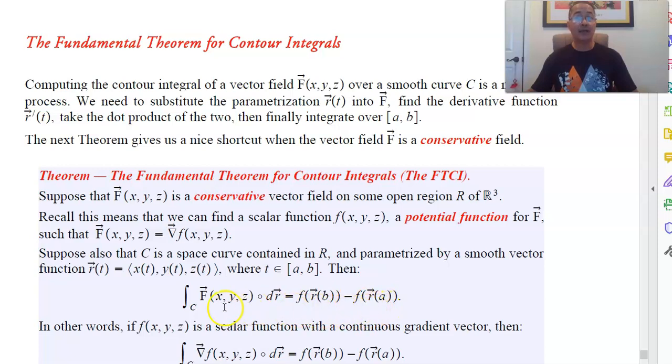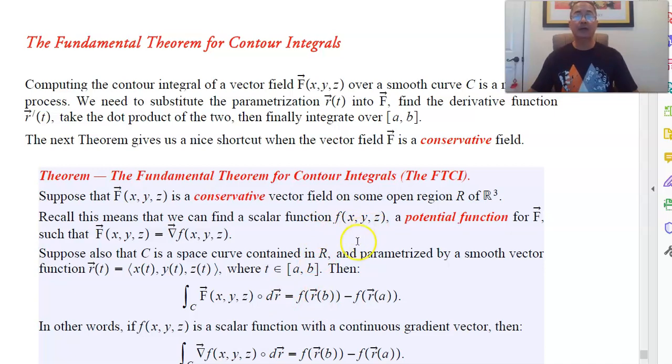Okay, unfortunately now our capital F represents our force field, so you just have to change the notation a little bit. Instead of just B, we have to plug in r of B. Why is that? Because F is a function of 3 variables, not just one variable.